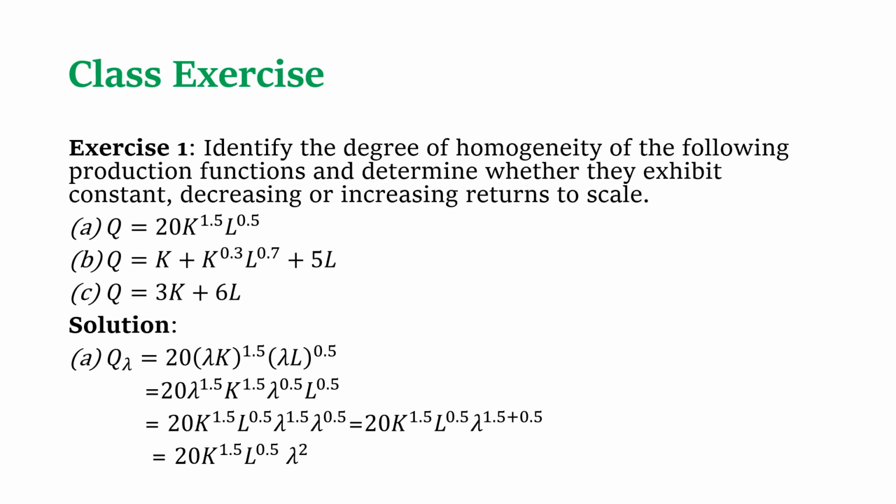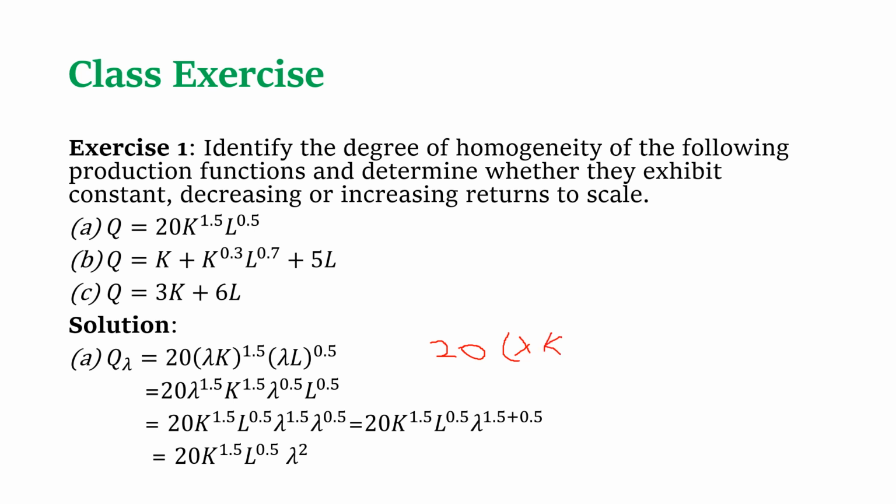Now, look at what I did here. I took this lambda value, and then I multiplied that by K. That's all you have to do. Remember, we have 20 here, and then I multiply our input by lambda.